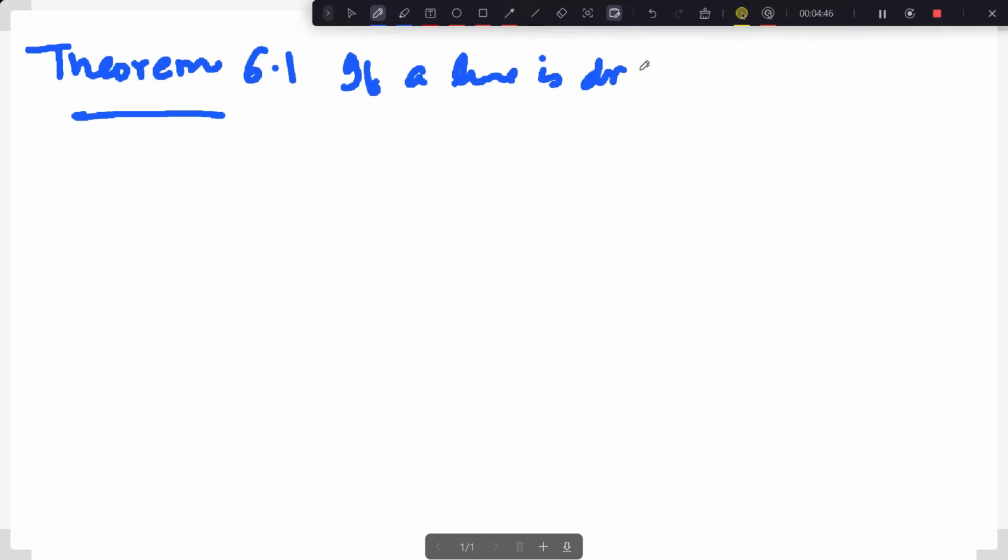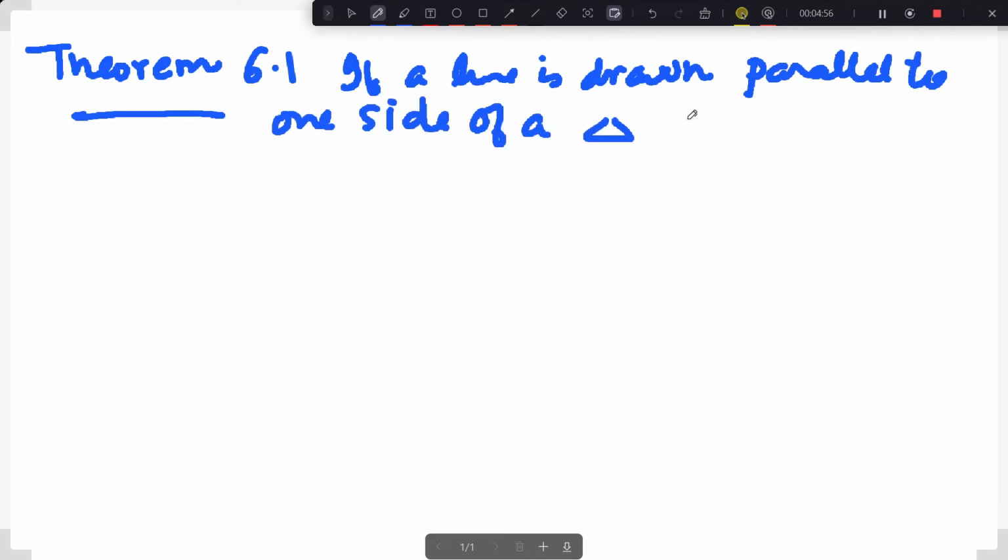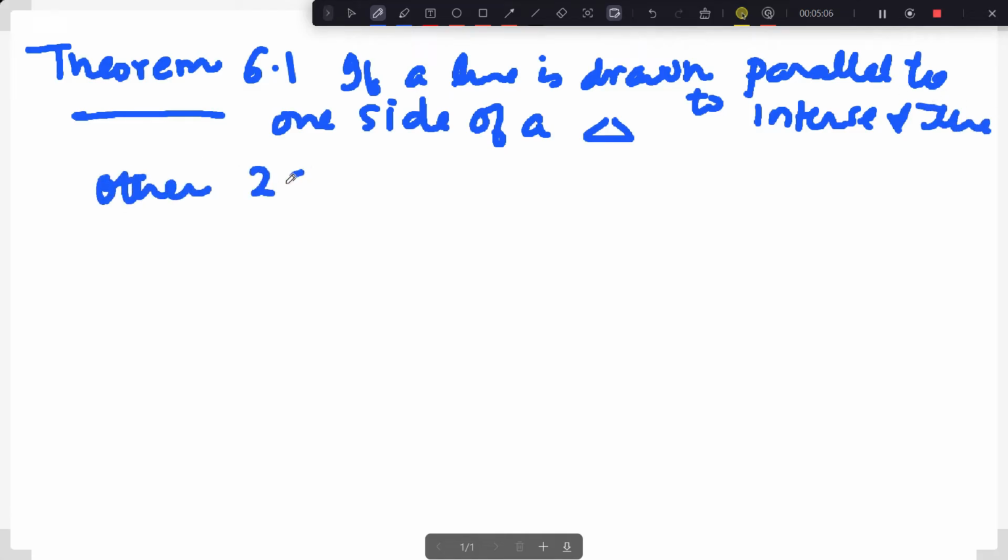So let's look at this theorem first. Just state it in your book. It says if a line is drawn parallel to one side of a triangle to intersect the other two sides in distinct points, right?